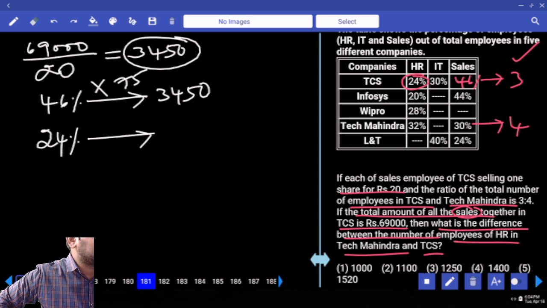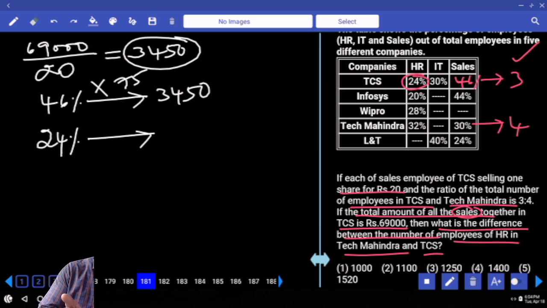How to get it? 50 times 75 is 3750. For 3750, 3450 is exactly 300 less. 75 times 4 is 300.